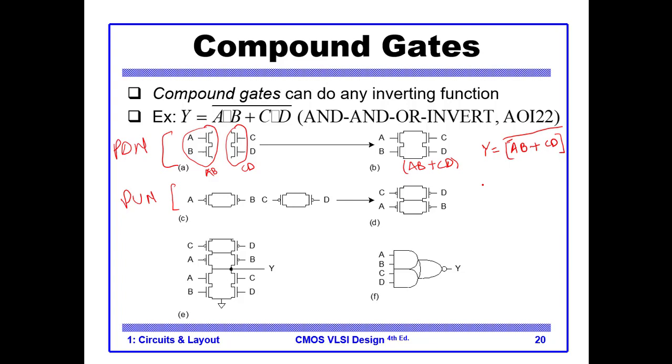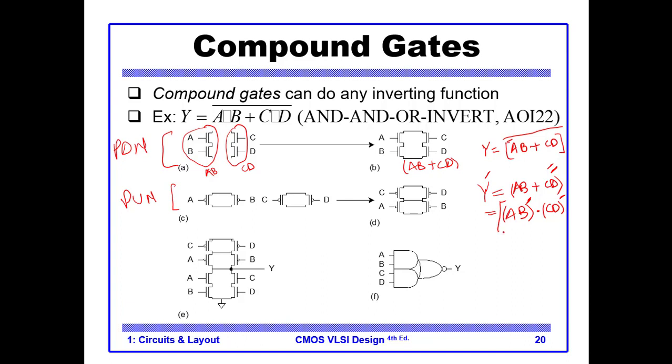And this is our pull up network. So you see, the pull up network should be derived from AB plus CD. Our original Y has 1 bar, and our Y bar has 2 bars, so it should be (AB) bar dot (CD) bar.